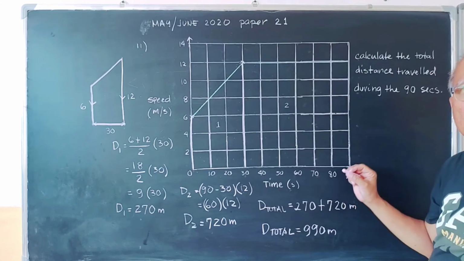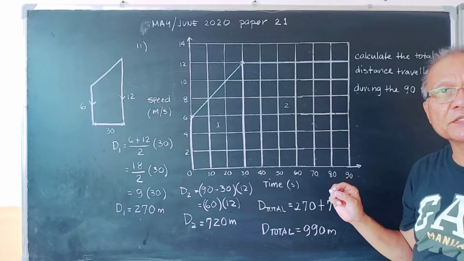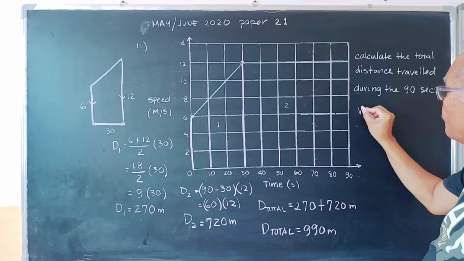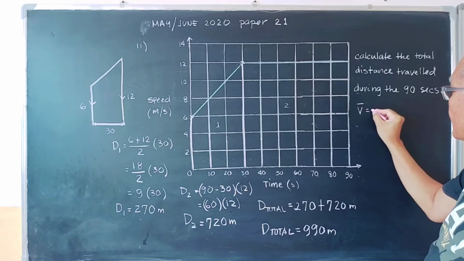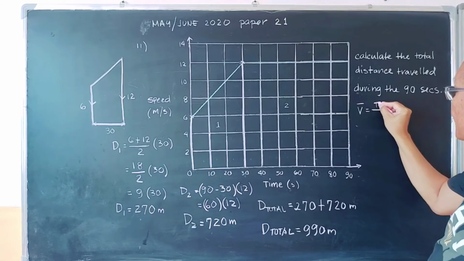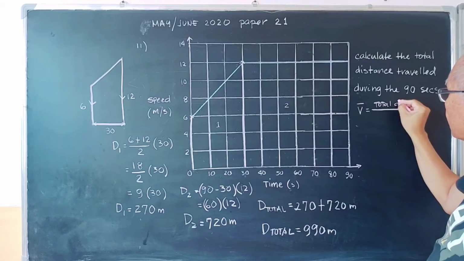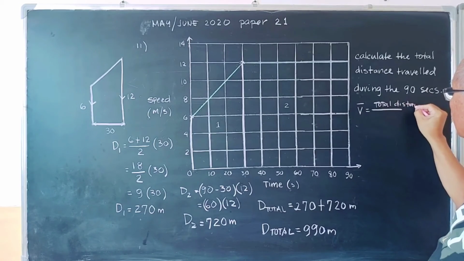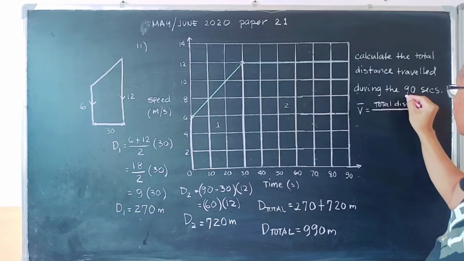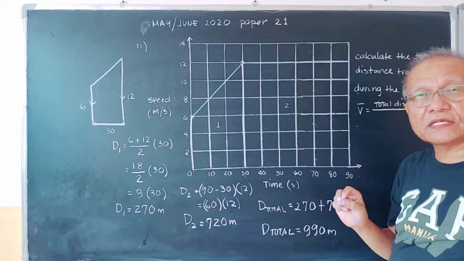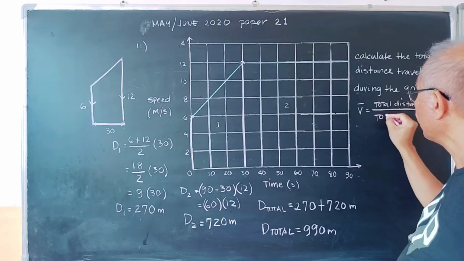What if they are going to ask for the average speed? When we have average speed, it is the total distance divided by total time.